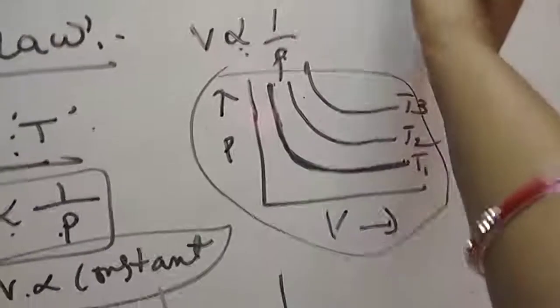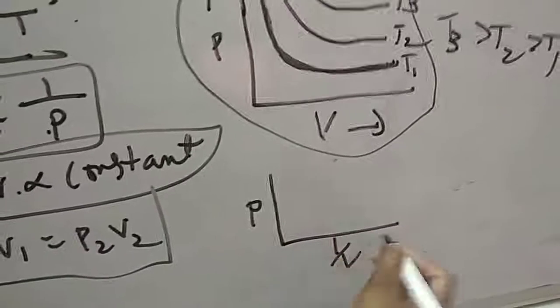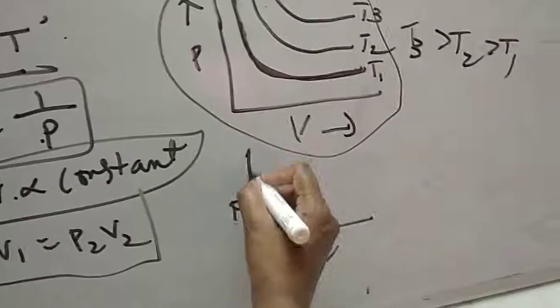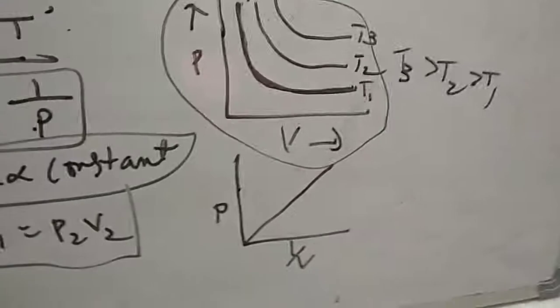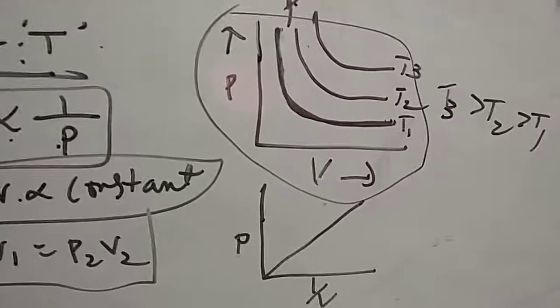These two are directly proportional to each other. So P and 1 by V both are directly proportional. If P is increasing, 1 by V also increases. So here we get a straight line passing through the origin.